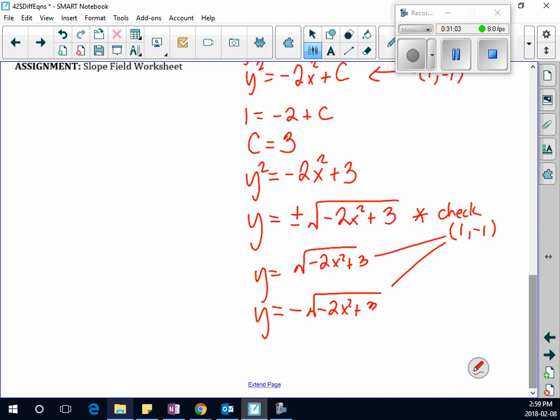So this one would be rejected. Do you see that? This is the only one that does work. Look, if you put 1 in, you get 1 squared. Negative 2 times 1 is negative 2. Plus 3 is 1. So in both, you're going to get the square root of 1. But the y has to equal negative 1. And you can't get a negative 1 from a square root, like, there's no negative here to make it negative 1. This is the only one that would make it negative.